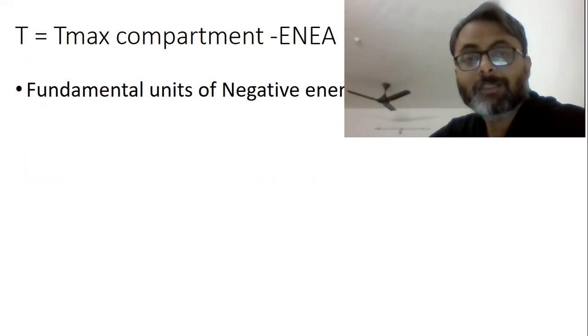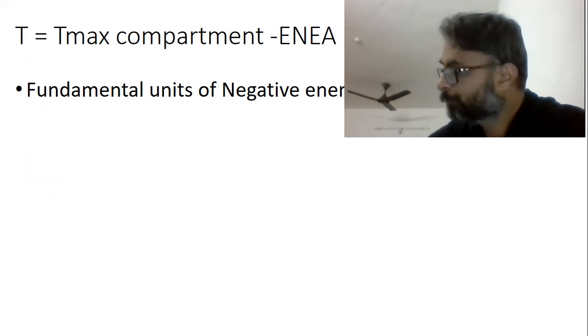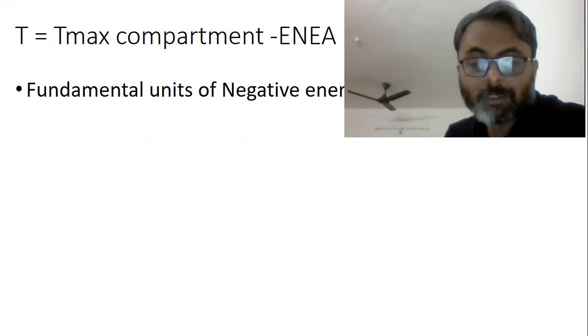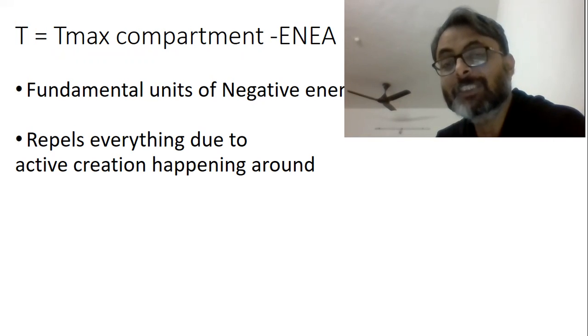There's another thing called the T is equal to T max compartment. What is T is equal to T max? It is basically a fundamental unit of negative energy. There, one extra Planck compartment is being created, so the C by D ratio is deviated towards creation.